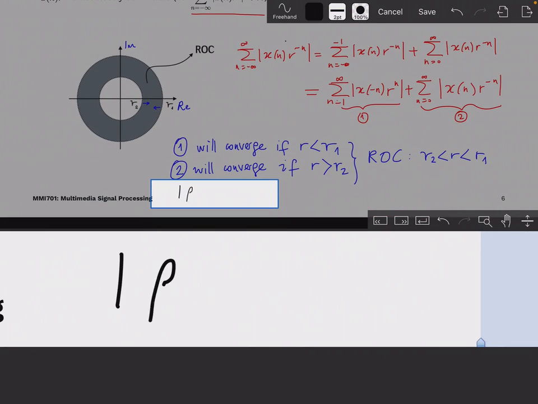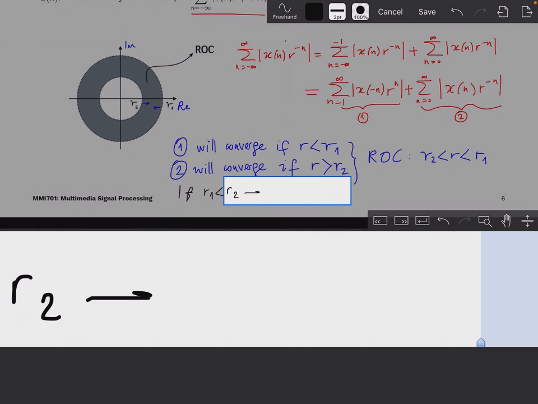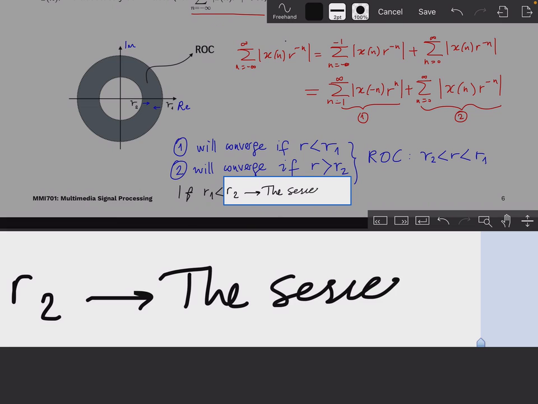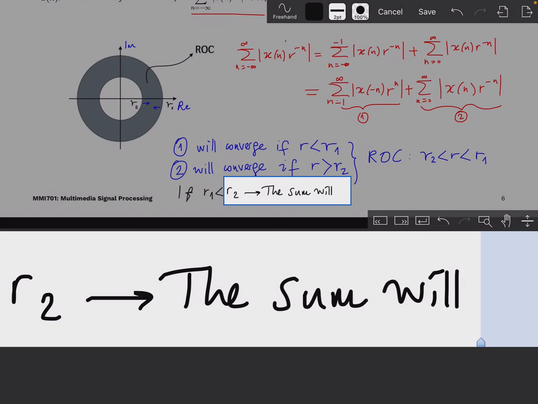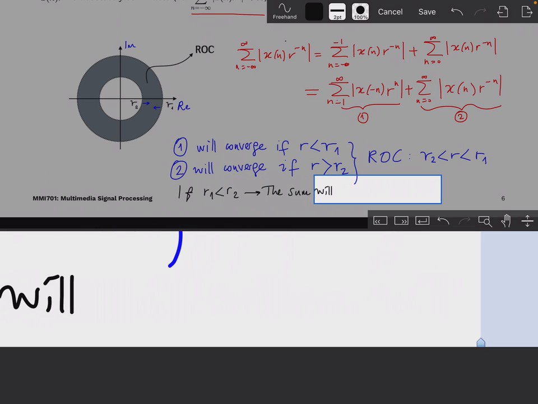So if R1 is less than R2, the sum, not the series, the sum will diverge.